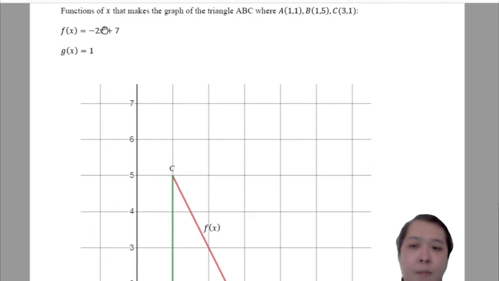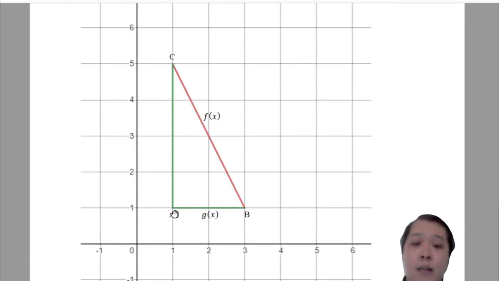This equation can be easily found using gradient or straight line equation, y = mx + c, stuff like that, and g(x) is just a horizontal line, y = 1, g(x) = 1.